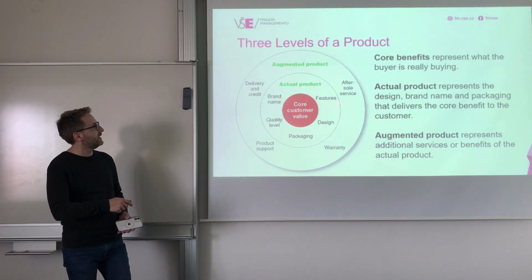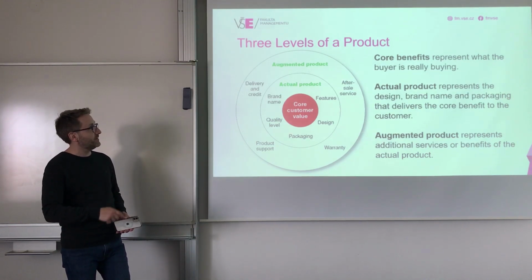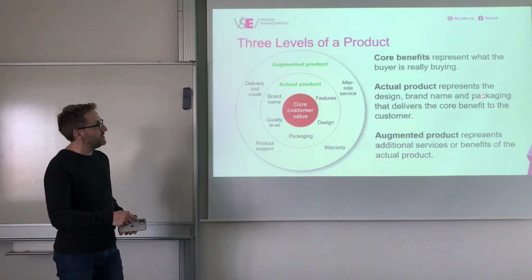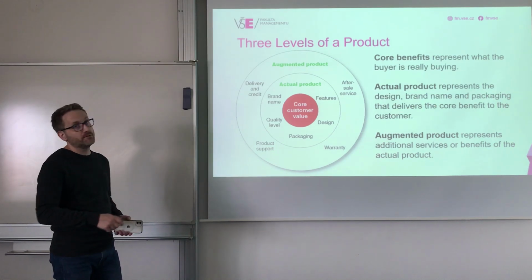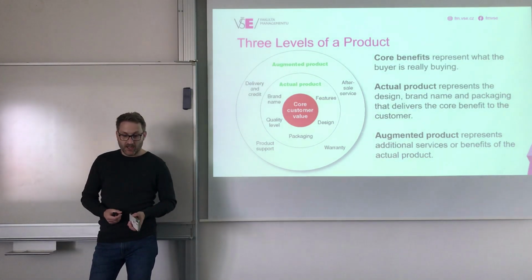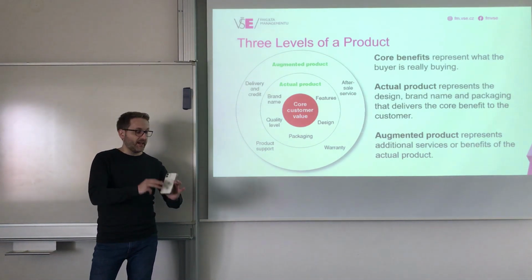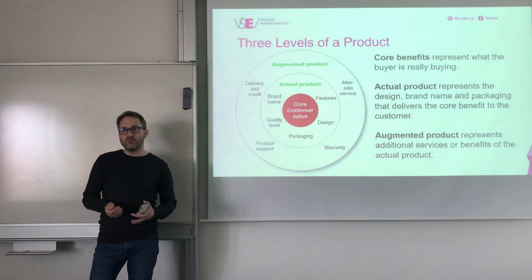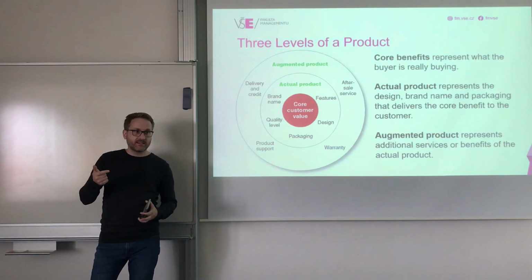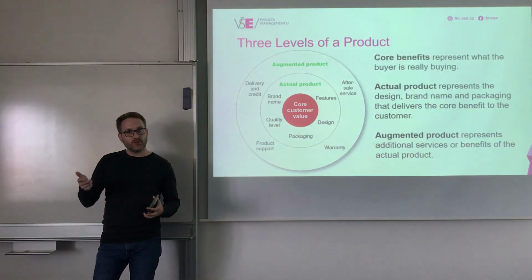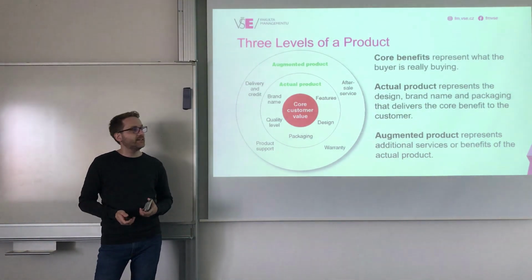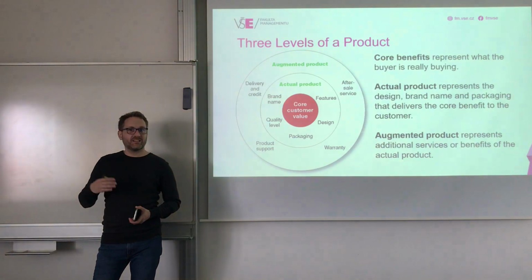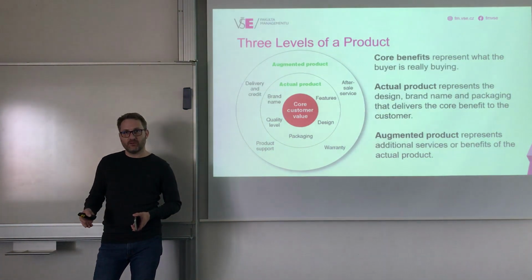So that's the core. Then we have the actual product, and if you look at the definition, the actual product represents the design, brand name, and packaging that delivers the core benefit to the customer. Put easily, if you need to communicate by text, take a photo, or approach the internet, you can buy any smartphone you find on the market.